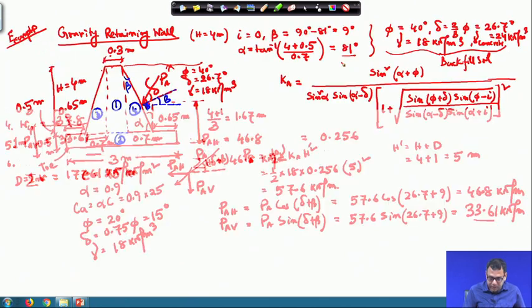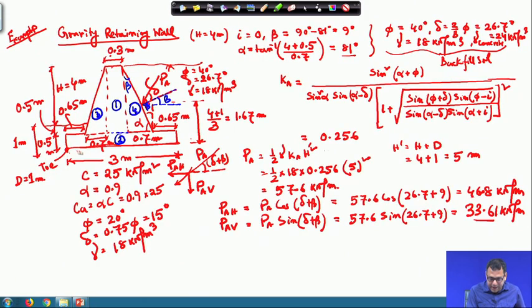Now, for the third one, it will act from this side 2/3 of 0.7, and this is 0.65. So, 0.65 plus 2/3 of 0.7, because this is the triangle. This side is 1/3 of 0.7, so I am calculating from this side.